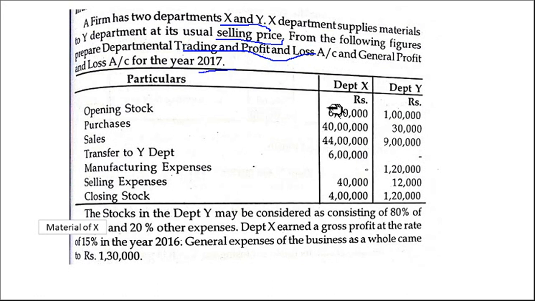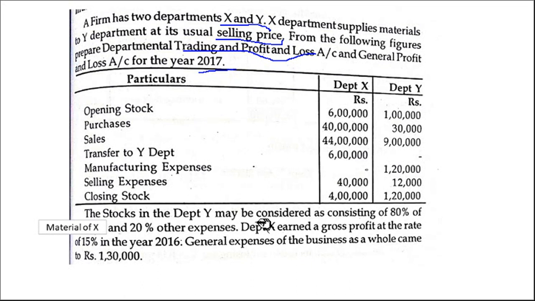Okay, so opening stock of X and Y is given, purchases, sales, transferred to Y department. That means Department X is transferring to Department Y. So the amount is given. Transfer made as 6 lakh. Manufacturing expenses, this only Y department has. Then selling expenses, closing stock.